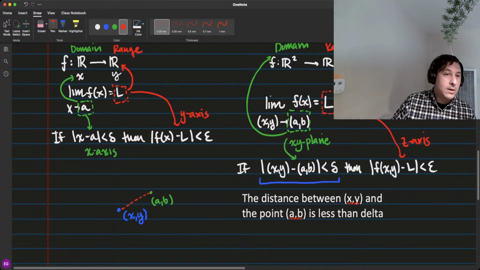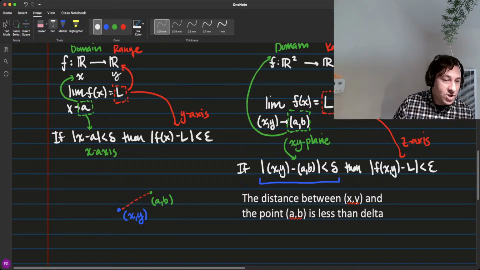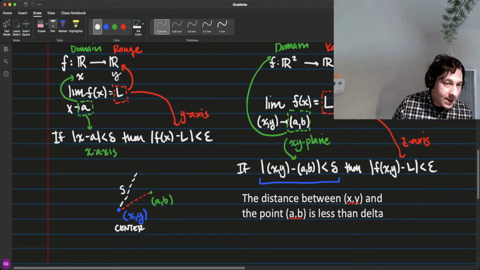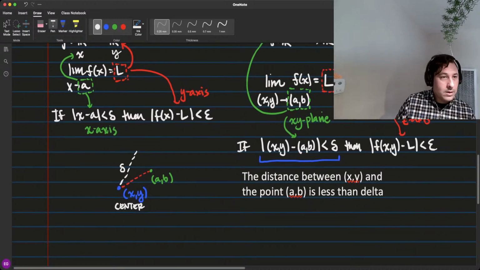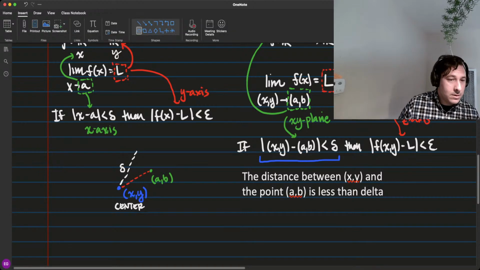Delta. Okay, so imagine you start with x comma y as your center, and you make a radius of delta. Let's use the circle draw function. Make life easier.